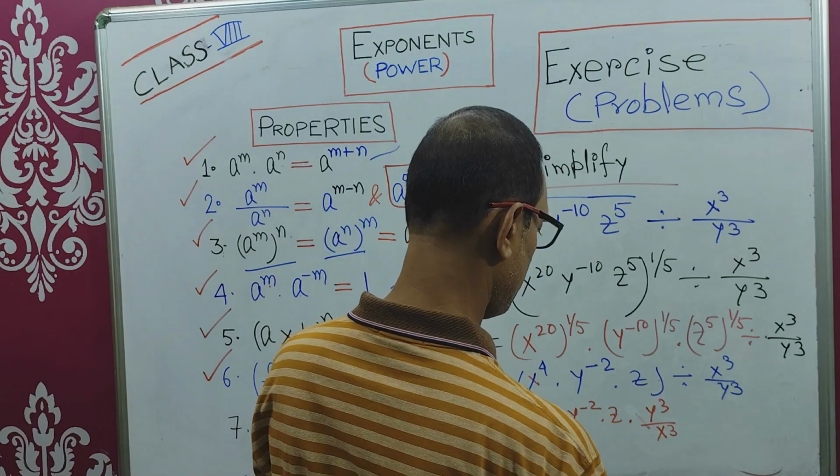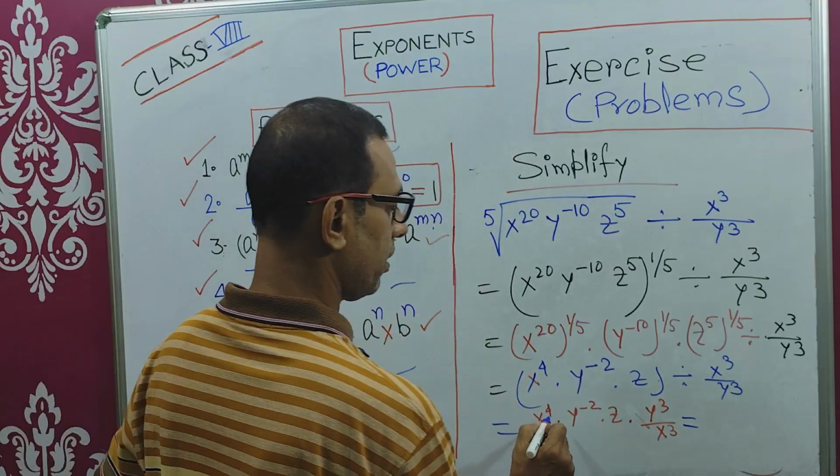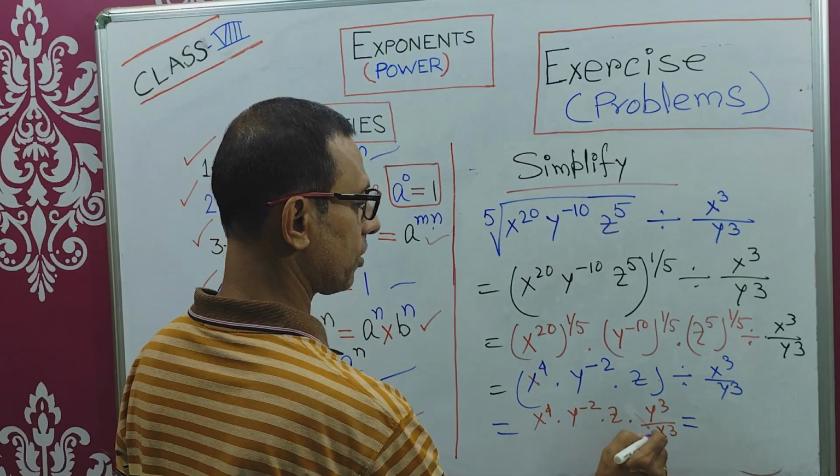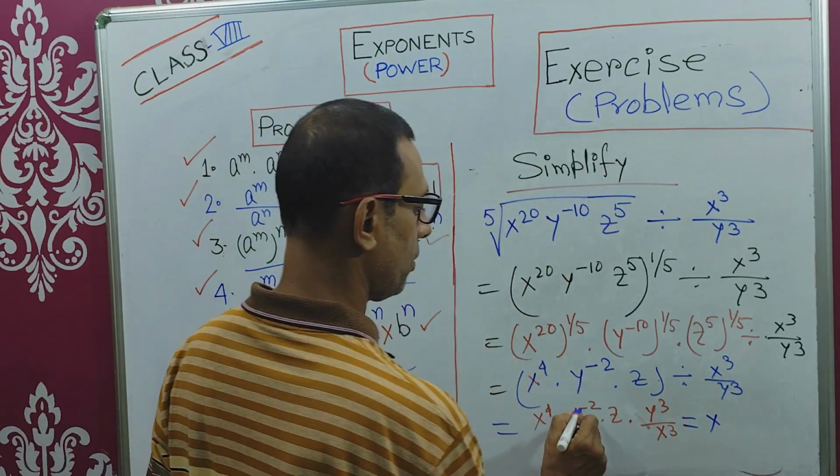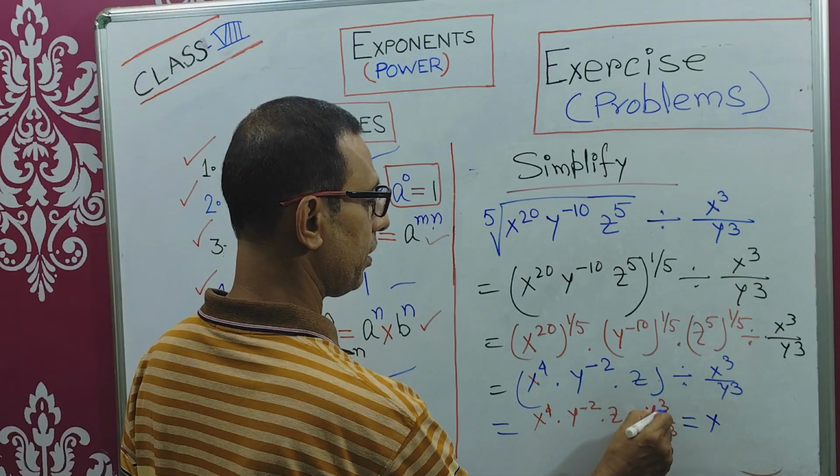That is equal to x to the power 4 by x cube, into y to the power minus 2.